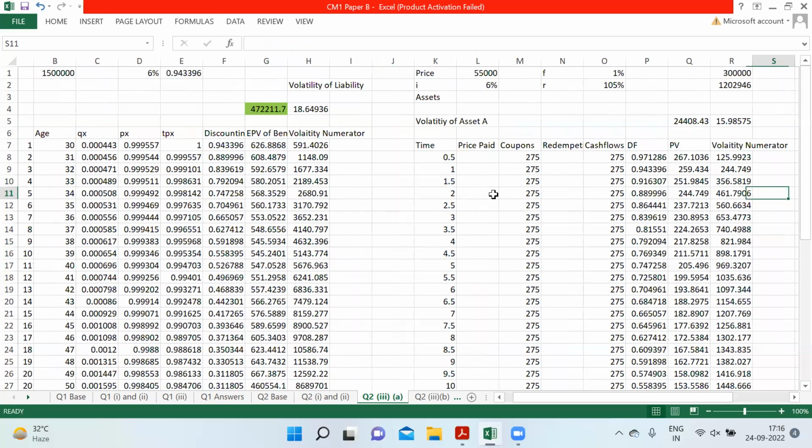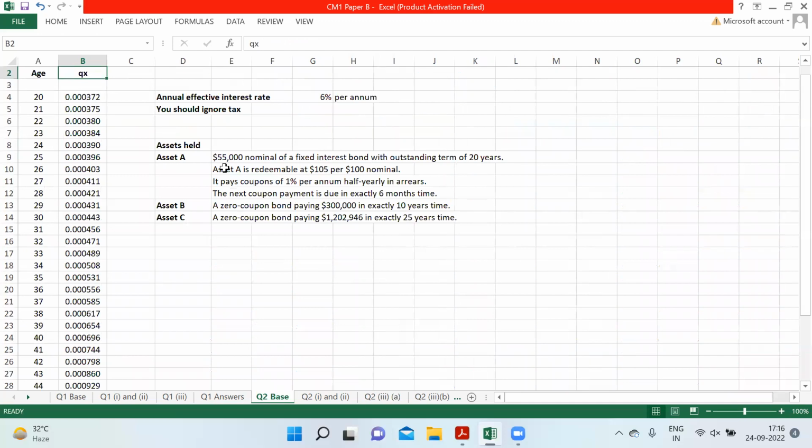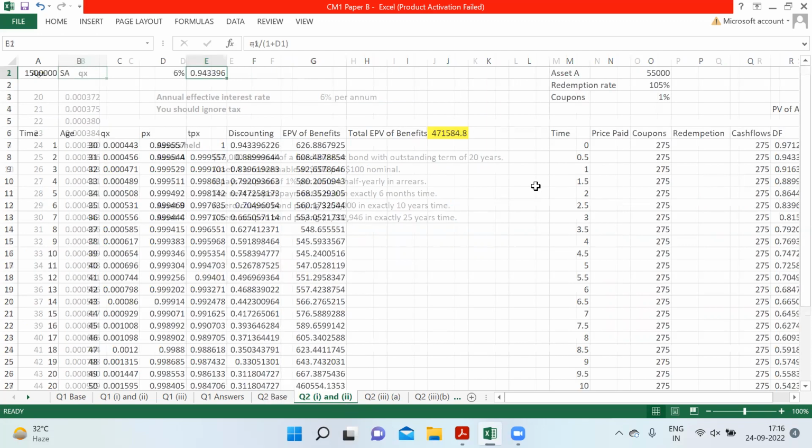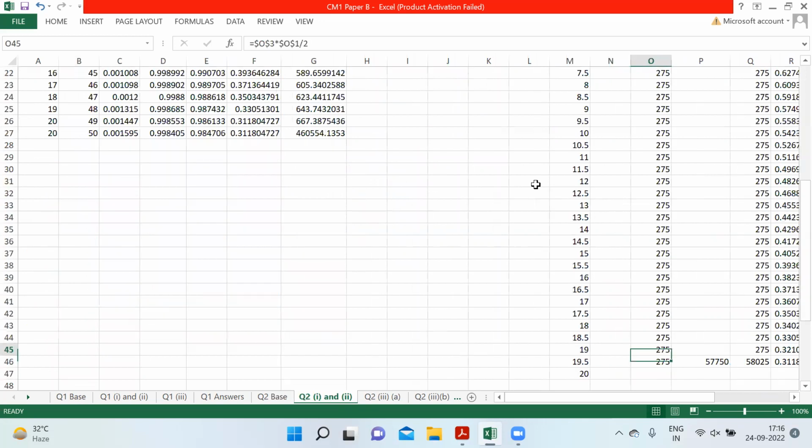Similarly for asset A: it has been said that it's 55,000 nominal of a fixed interest with a term outstanding of 20 years, redeemable at 105 per 100 nominal. It pays coupons of 1% per annum half yearly in arrears. So we'll just take out that it pays half yearly in arrears. So from 0 to 20, there are 20 payments.